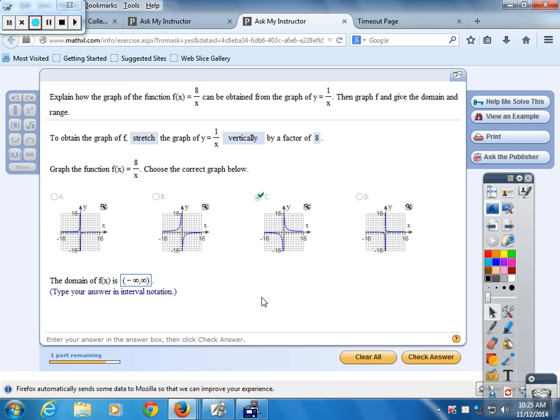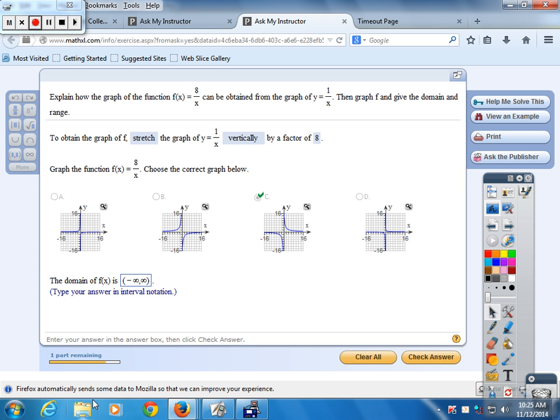On the domain, it said the domain was wrong. Yeah, because it's wrong. Wouldn't it be negative infinity to 0, 0 to positive infinity? And then, up at the top, where the stretch is vertical, when a number like 4 is in front, you automatically know it's going to stretch this way.